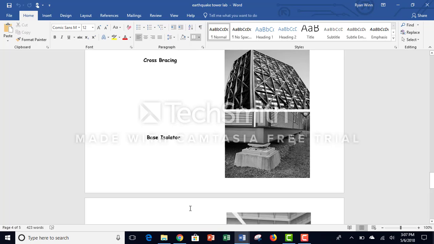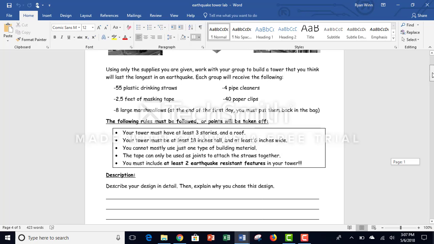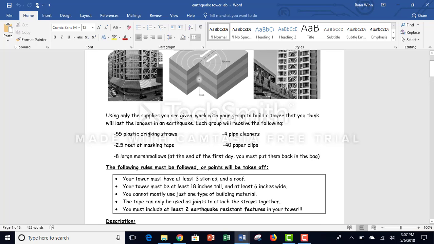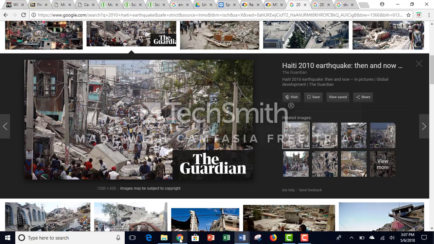After they learn about all these features, students are going to be split into groups of 4, and each group is going to receive straws, pipe cleaners, paper clips, marshmallows, and masking tape. They're going to use these materials to create a 3-story miniature building.